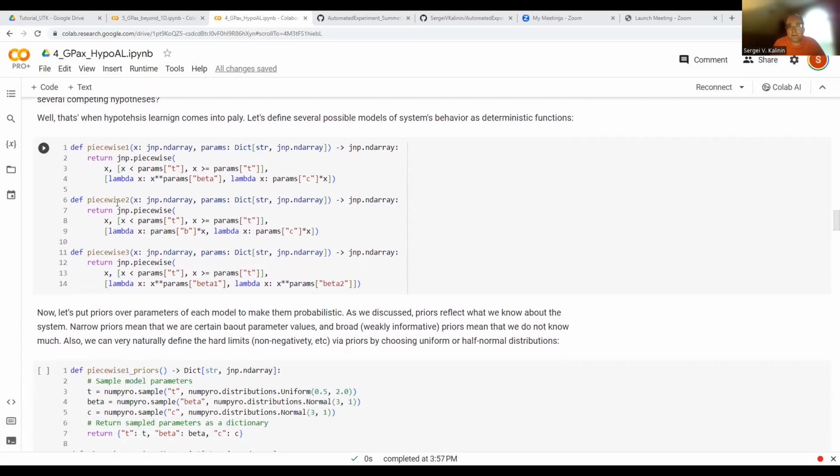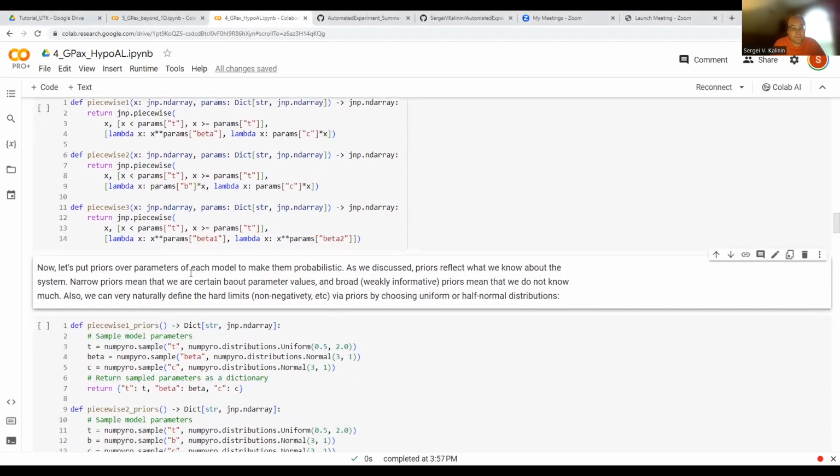Our second hypothesis is a function which is linear on the left with the slope b and no offset, and linear on the right, so linear and linear. Our third one is exactly the right one: x power beta 1 on the left, x power beta 2 on the right. So these are our three hypotheses.